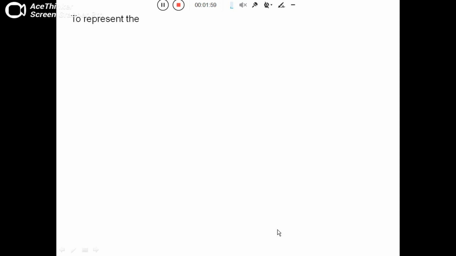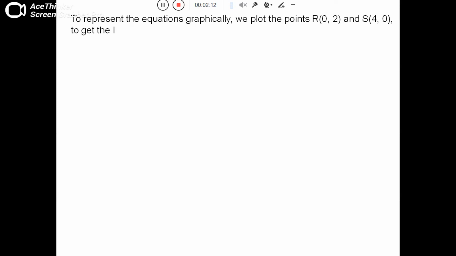To represent the equations graphically, we plot these points: R(0, 2) and S(4, 0) to get the line RS, and the points P(0, 3) and Q(6, 0) to get the line PQ. So see the graph of this one.